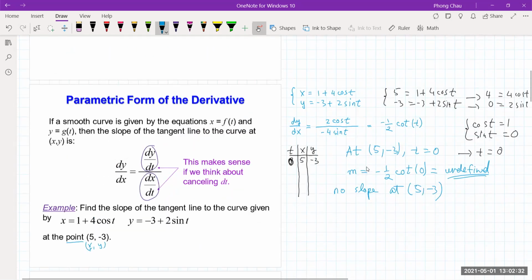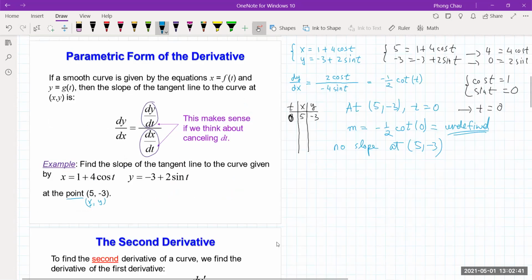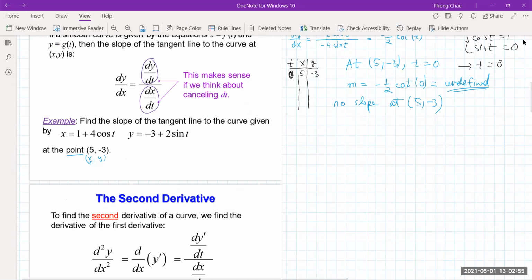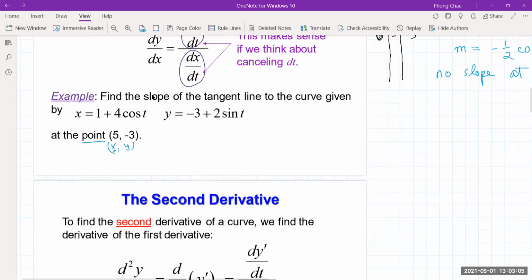Now, let's talk about the second derivative. What if we have to find the second derivative of a parametric equation? With the second derivative, things get a bit more complicated, so it's not as simple as we might have thought.